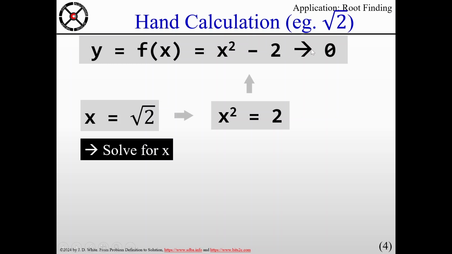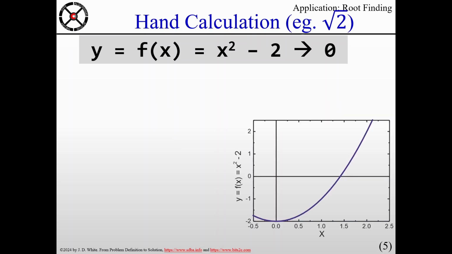The closer we are to 0, the closer we are to the actual square root, because square root is an infinitely long number. So we can never say we have the square root of 2. We are close to the square root of 2. The closer this equation is to 0, the closer we are to the square root of 2. So we want to send this to 0.